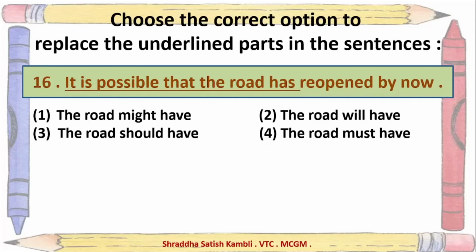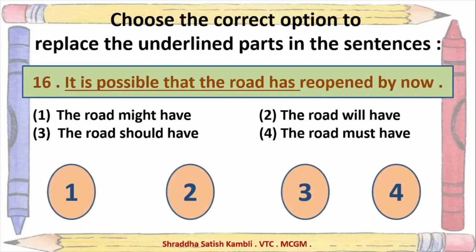Will you write the road will have reopened by now? The road should have reopened by now, or the road must have reopened by now. So which do you think is the right answer? Yes, it is the first one. When I say possibility, immediately the two modal verbs which should come to your head is can and might. And we have might here, so we go with might.